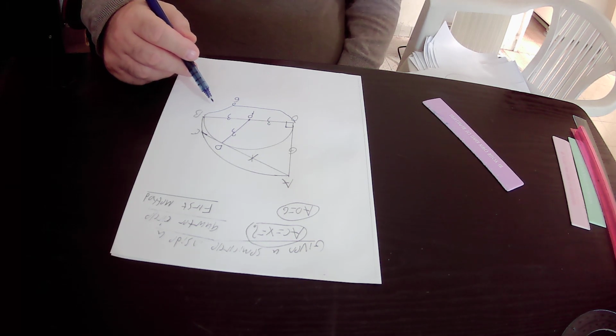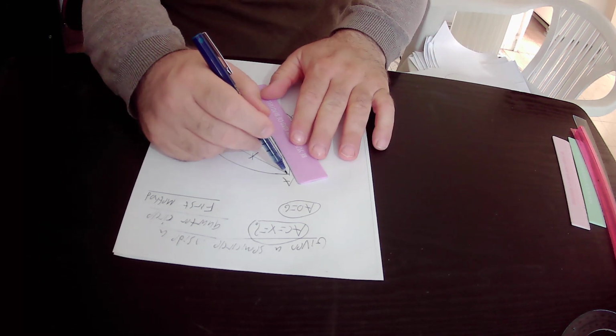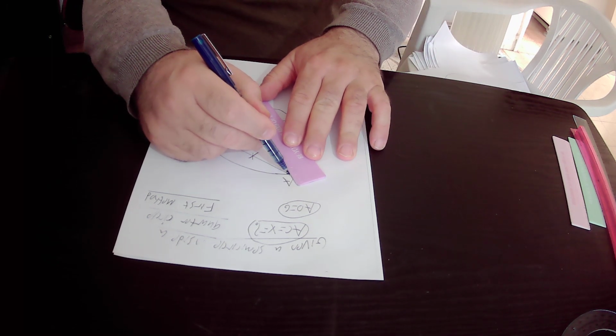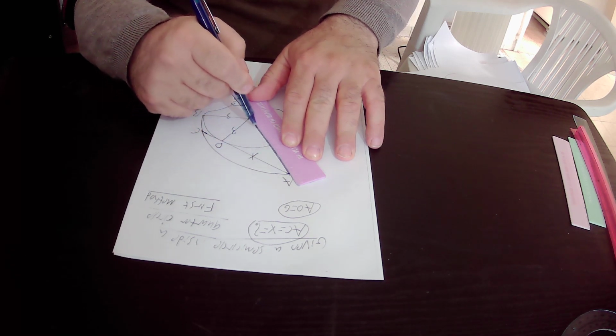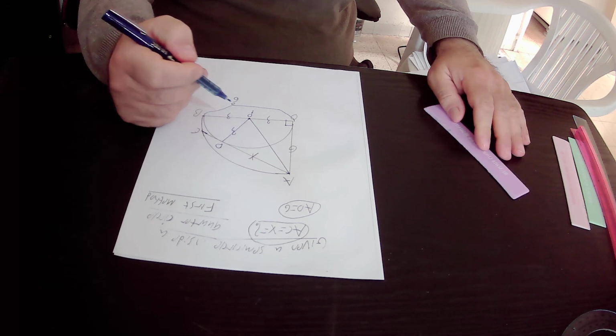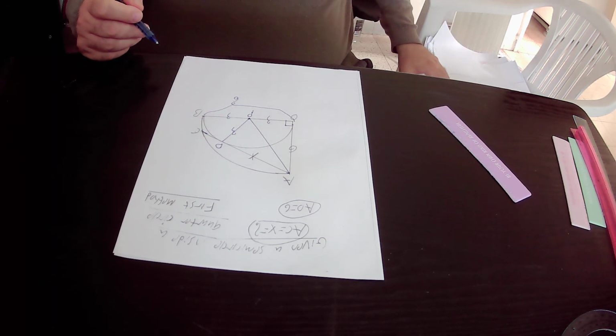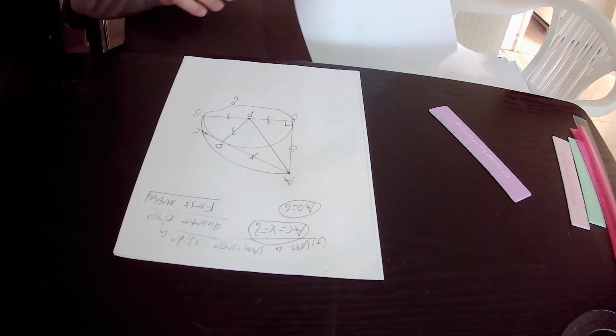The next step, we join points A and P together by a straight line. And I will present to you a new rule that is actually rule number 1.